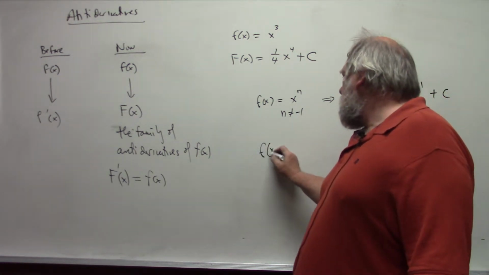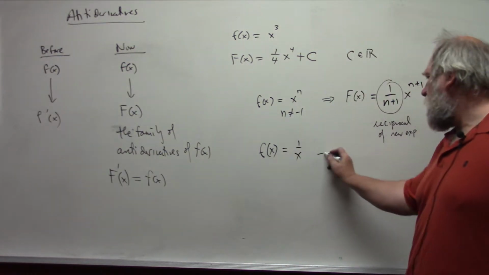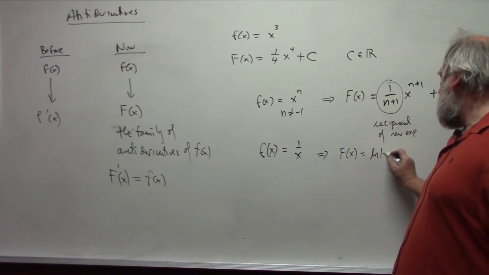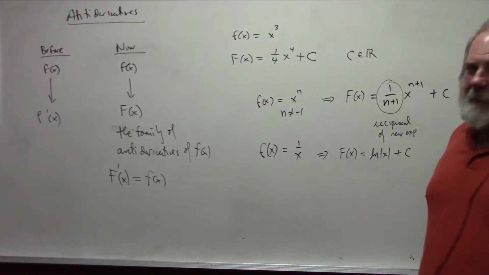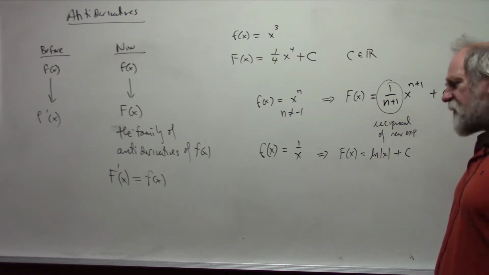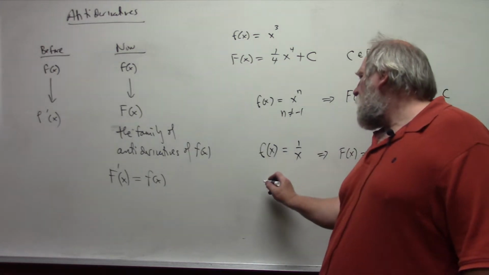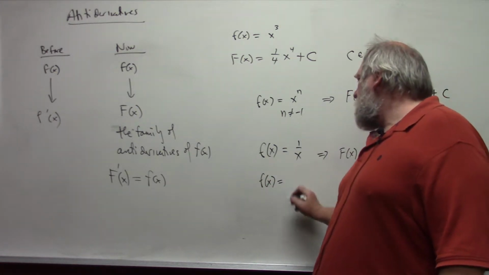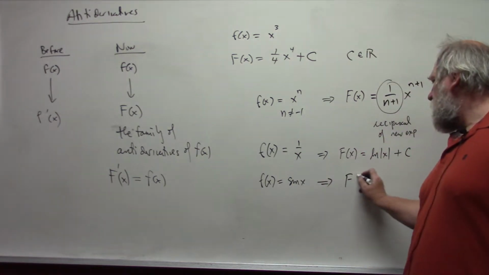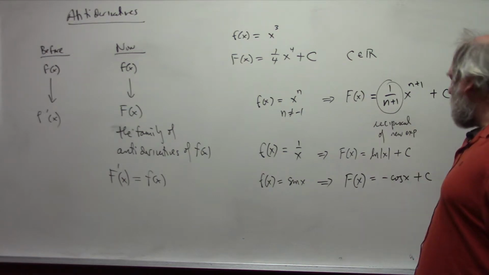Some of your other basic forms, if f of x equals 1 over x, then capital F of x is equal to the natural log absolute value of x plus c. Any of the basic derivative rules for functions that we had before, we can find the antiderivative. If little f of x is equal to sine of x, for example, capital F of x is the negative of cosine of x plus c.